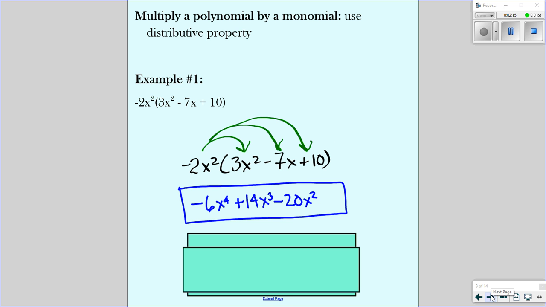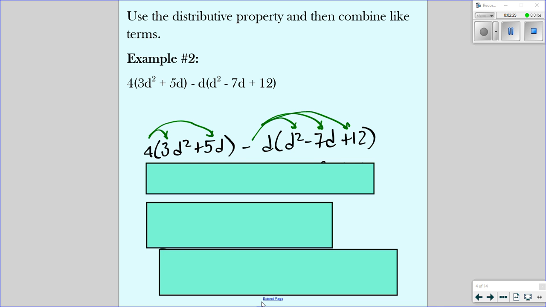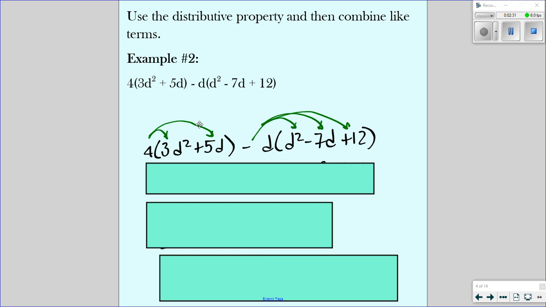Let's look at another example. This one we have to do distribution twice. The first part and then the second part. Again, the same rules follow. So as you can see, I showed my little rainbow method. That means I'm going to be multiplying whatever's outside the parentheses to each term inside the parentheses.